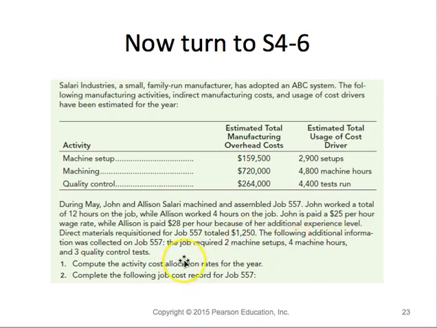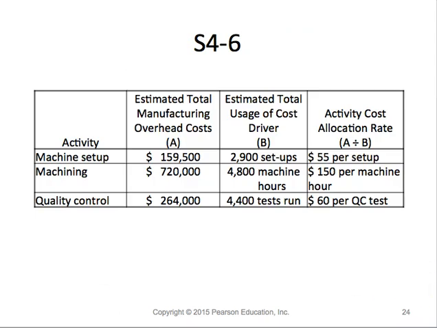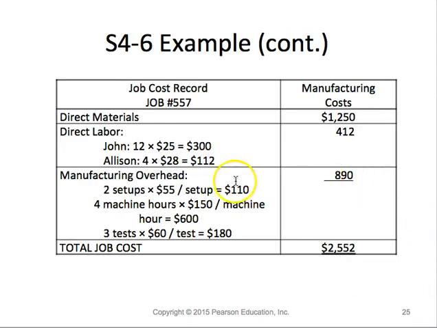And then we're going to allocate 2 machine setups, 2 times 55, 4 machine hours, whatever number times 4, and 3 tests, I think the $60 per test. So 3 times 60. So we're going to simply add them up. So here's John's 12 times 25, 4 times 28.